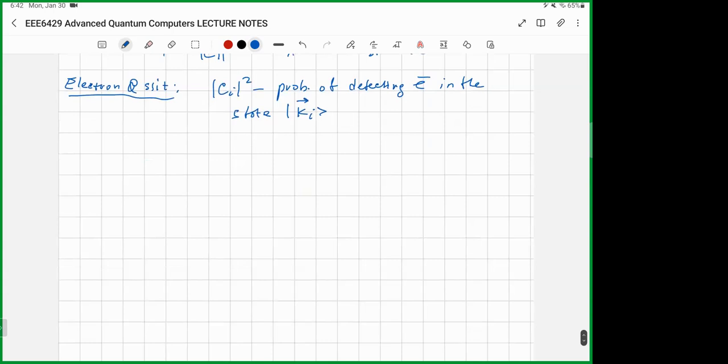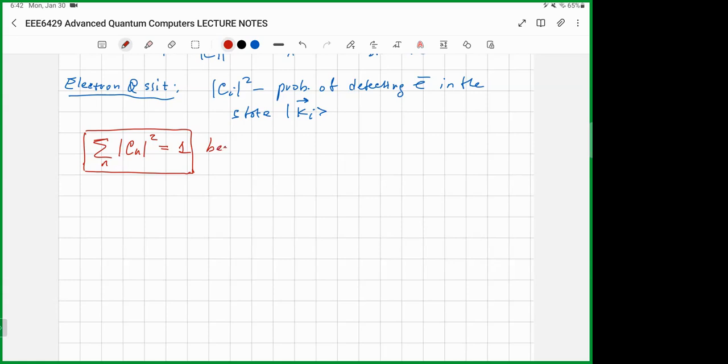Since these coefficients C modulus squared give you the probability of finding a system in a particular state, that means that if I sum up all these probabilities, Cn squared, I will get what? I will get 1, because the total probability of finding a system in any possible state is 1.